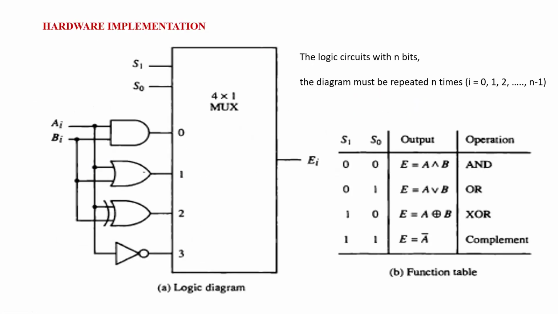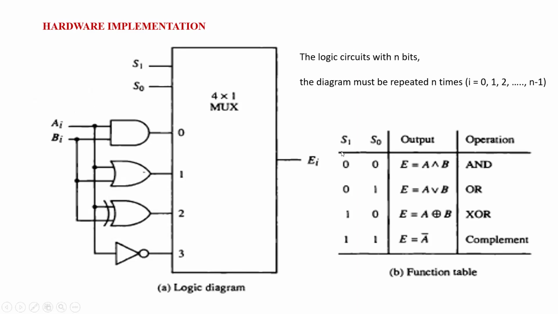Now how are we going to implement those logic microoperations in the hardware? If you try to implement those 16 logic microoperations separately, the hardware requirement will be more, so the system cost is going to increase.